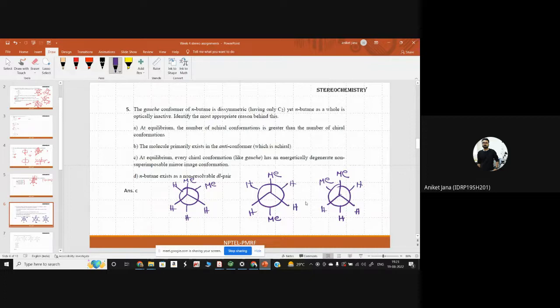Now let's go through the options one by one and analyze the statements. At equilibrium, the number of achiral conformations, like this one, is greater than the number of chiral conformations. Is this true?